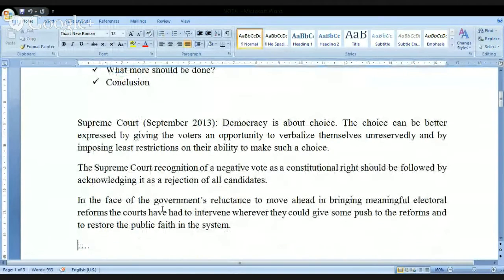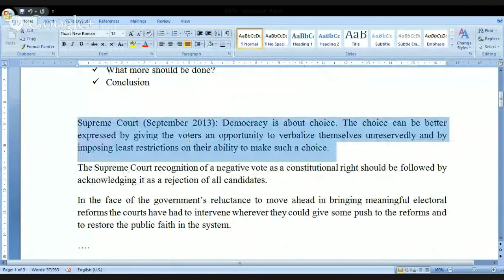If you look at these points, the Supreme Court in the month of September 2013, that is last year, said that democracy is about choice. The choice can be better expressed by giving the voters an opportunity to express themselves unreservedly and by imposing the least restrictions on their ability to make such a choice.